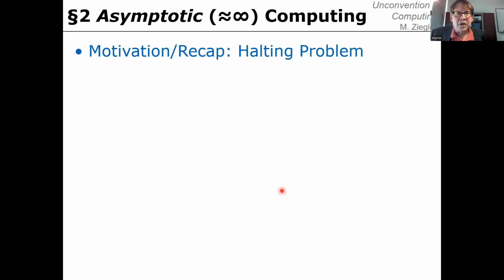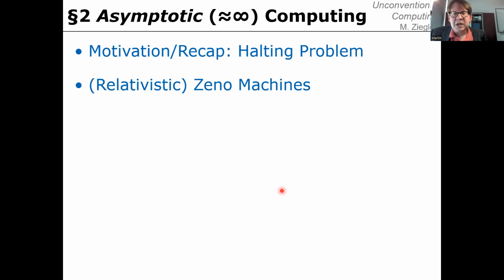We talked about motivation. We had a recap from very basic theory of computing about the halting problem and why this is undecidable, what it means to be undecidable, and whether it can be approximated or not. Then we talked about Zeno machines, that means accelerating computation that can asymptotically make infinitely many steps in finite time.